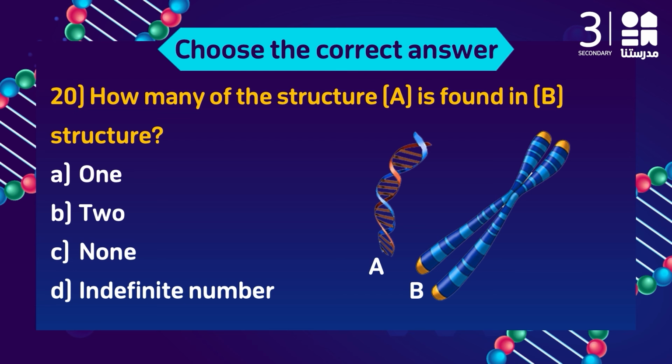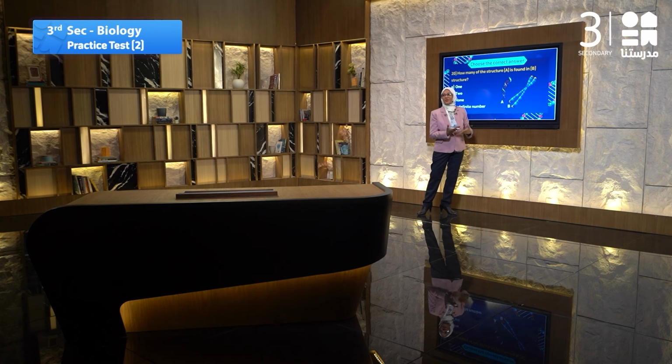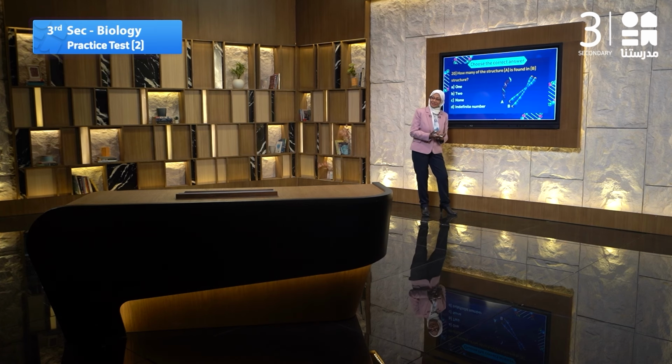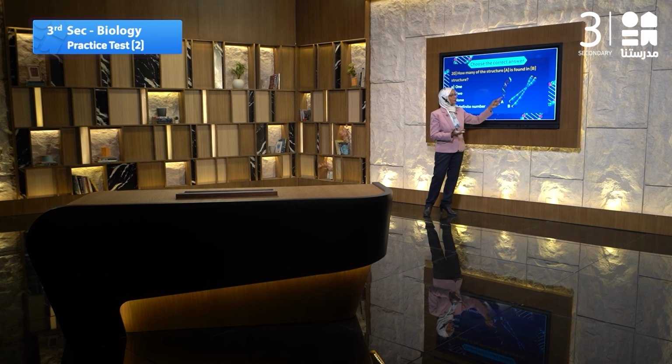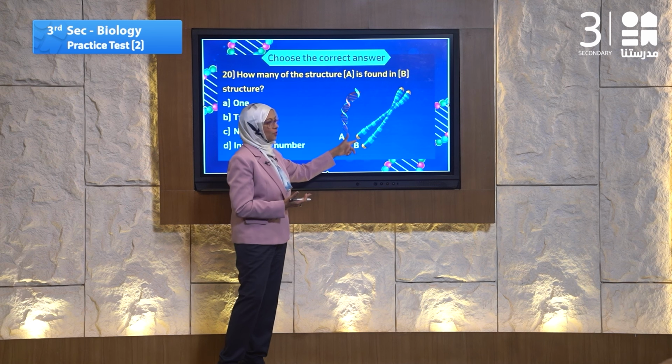Question 20: how many of the structure A, that's the DNA structure with a double helix, are found in the B structure? The B structure is a chromosome. After we studied this figure, we found that the structure A, the DNA, is found one in each chromatid.